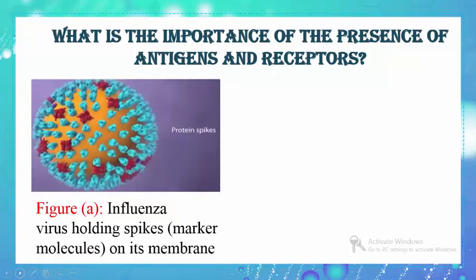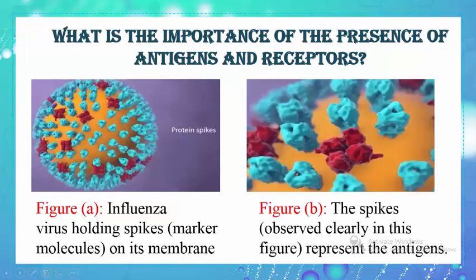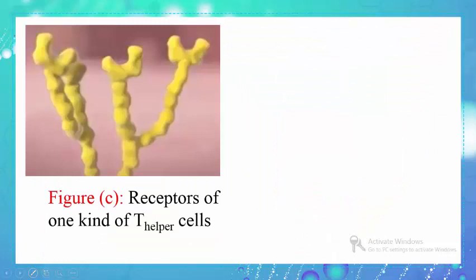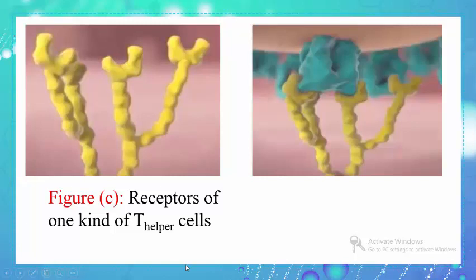Figure A represents an influenza virus holding spikes, which are marker molecules on its membrane. So these protein spikes represent its antigen. Figure B represents a magnified figure of the antigens of the virus. Concentrate now please on figure B and now on figure C. We will notice the complementarity between the shape of the antigens and the receptors, which allows them to bind together.